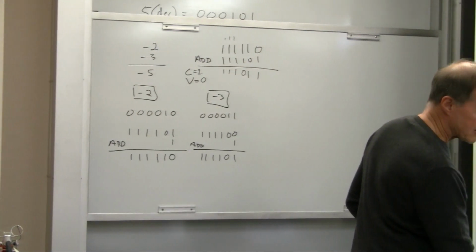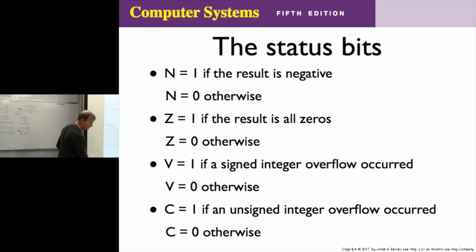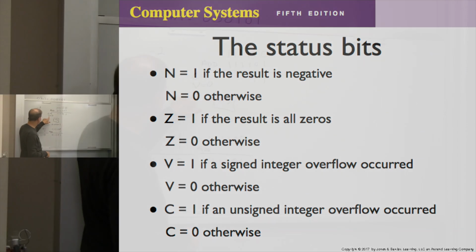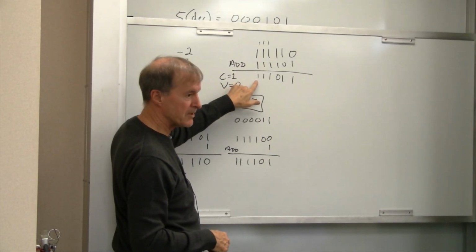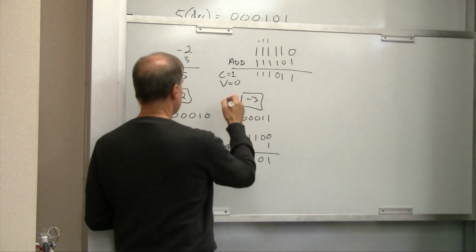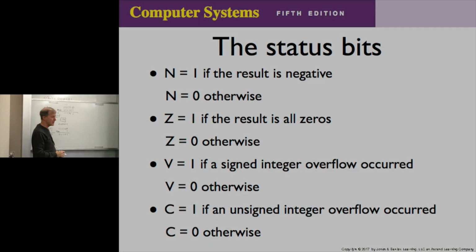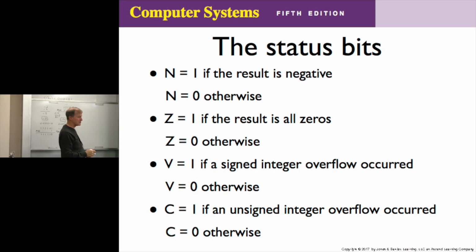So here are the status bits. N equals 1 if the result is negative. So what would N be on this one? It's a copy of the sign bit. So here N would be 1. N equals 1 if the result is negative, N equals 0 otherwise.